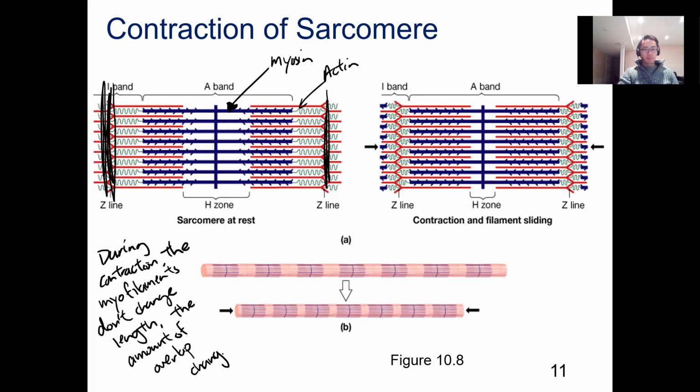So you see less overlap here, and then after pulling, more overlap. And so the entire myofibril gets shortened. So this whole thing is a myofibril, which is made up of microfilaments, the actin and the myosin.